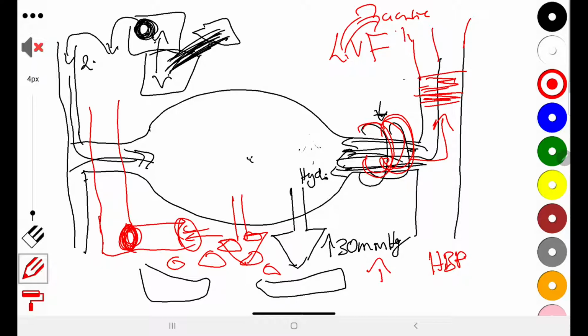So left ventricular failure is due to a pressurized arterial system, which could be because of an increase in total peripheral resistance.